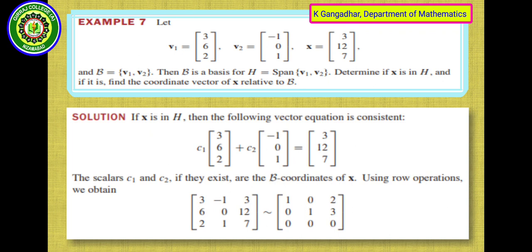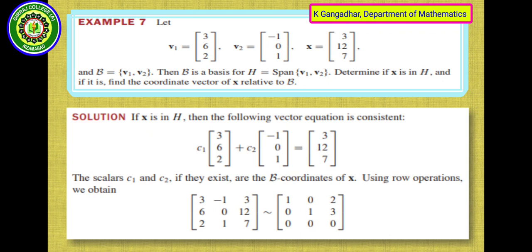So we write these three vectors in a single form, that is, the Ax equal to b form. For Ax equal to b, we write the augmented matrix [A b], which is 3, -1, 3, 6, 0, 12, 2, 1, 7. This augmented matrix is reduced to upper triangular form.